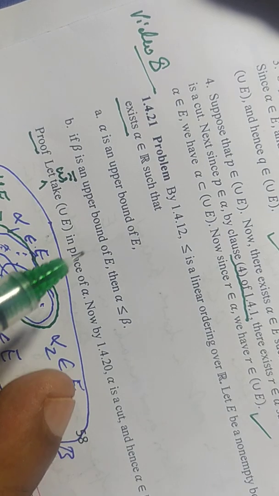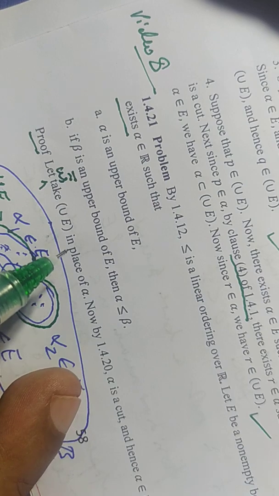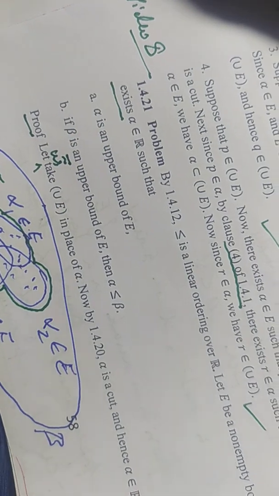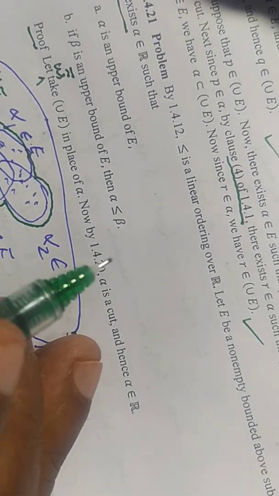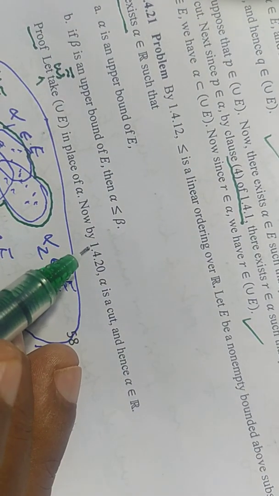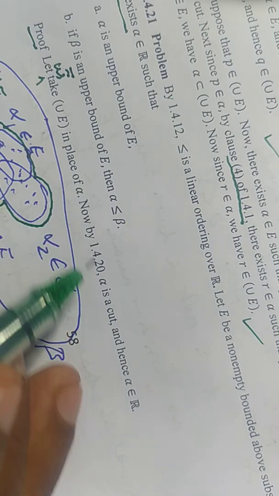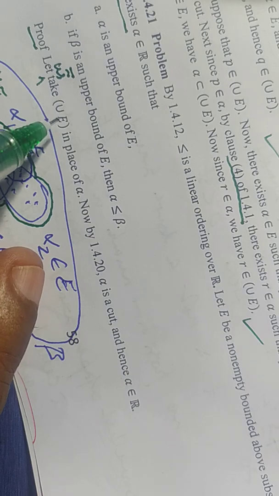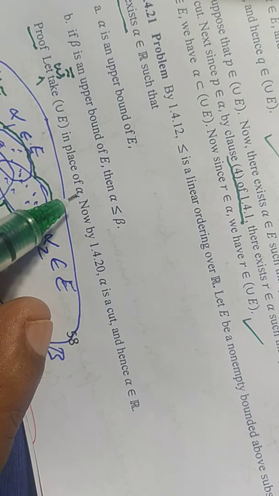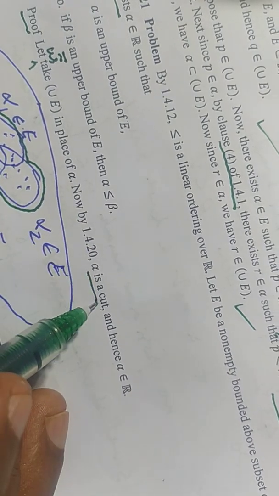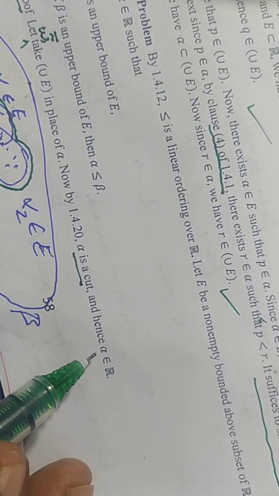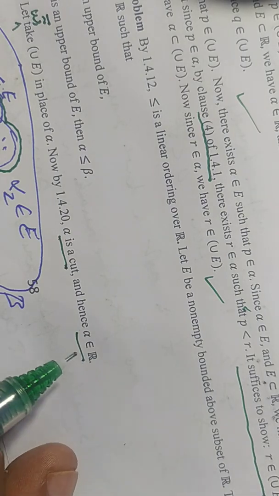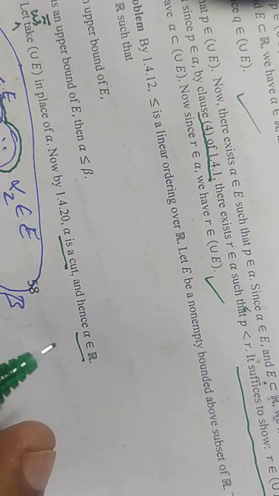Cut means a member of R. So in place of alpha we can take this set, union of E. Now by 1.420, alpha is a cut. Hence alpha belongs to R because R contains all cuts.